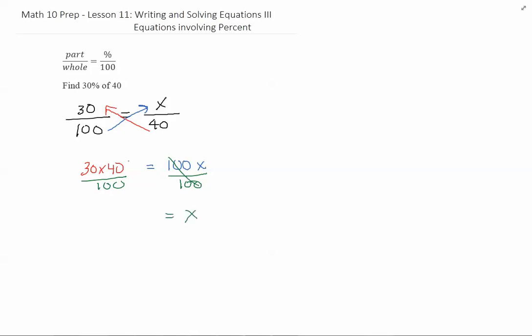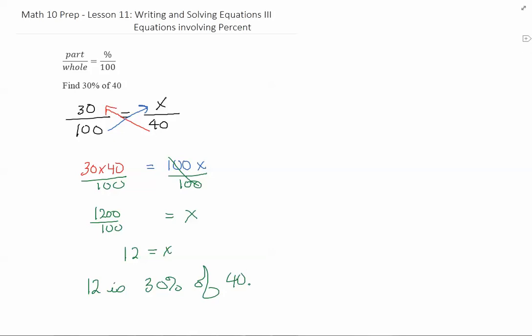And 30 times 40 gives us 1200 divided by 100, and we're left with 12. 12 is 30% of 40.